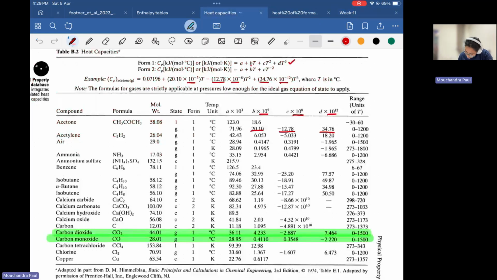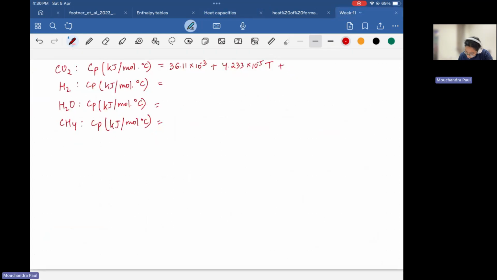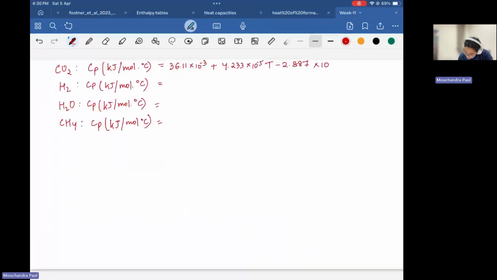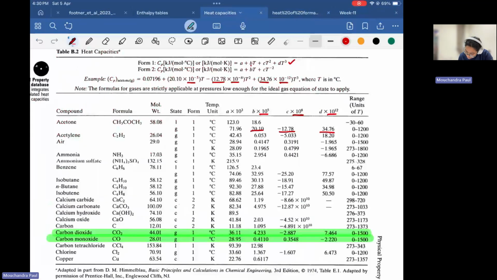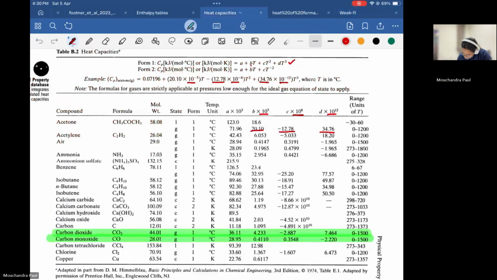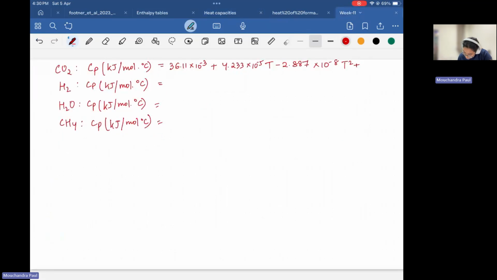Next is the C term, so it is minus 2.887 into 10 raised to the power minus 8 T square, plus 7.464 raised to the power minus 12 T cube, right?